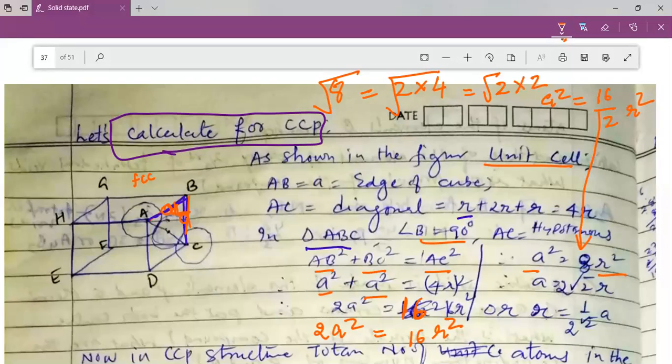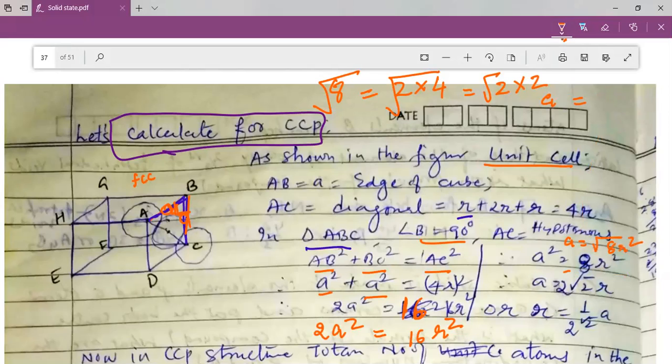And therefore A is equal to the square root of 8R square. From this equation, I can write A is equal to the square root of 8R square.